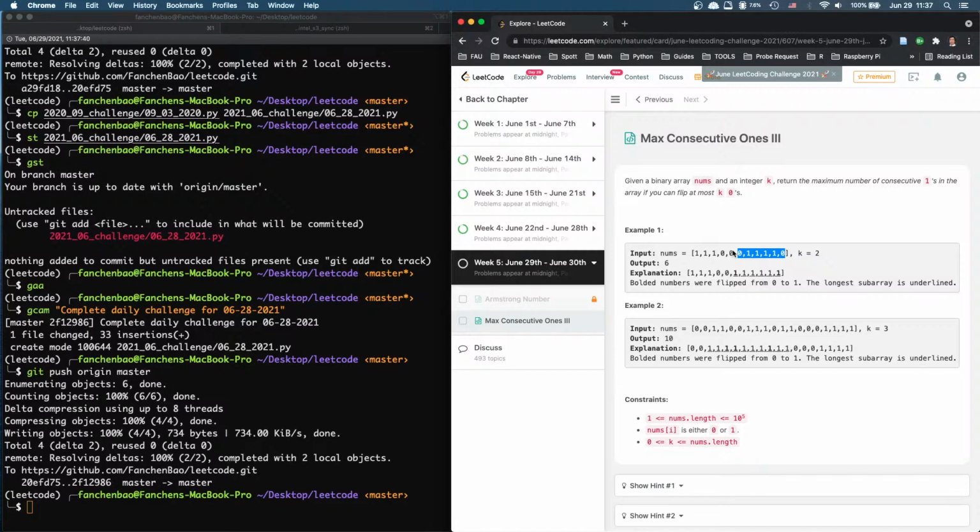So in the first case, k equals 2, which I don't turn 0, gives us 5. The second case, k equals 1, which means I turn to 1. So this one is actually going to give us 6. So this return is going to be 6 and 6, right? So this one will return 6 and 6 to this level. So in this level, k equals 2 will give us 6 and 6, right?